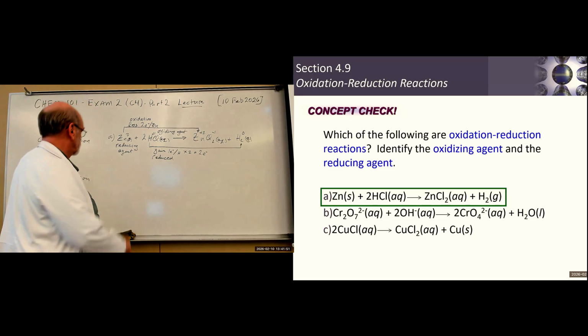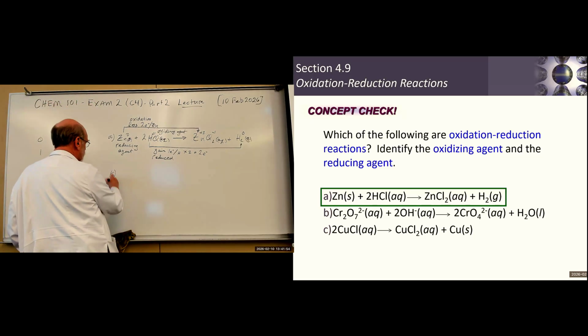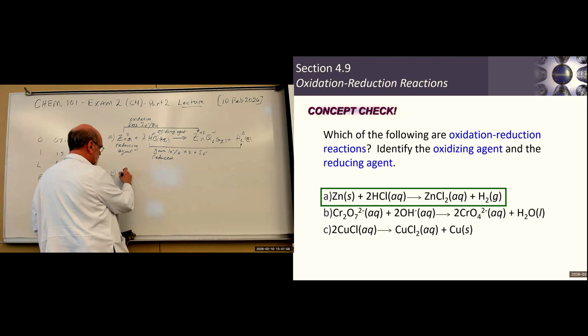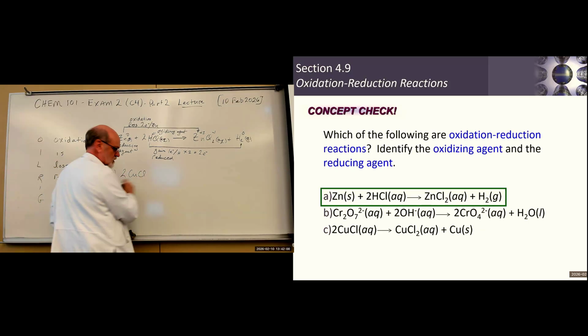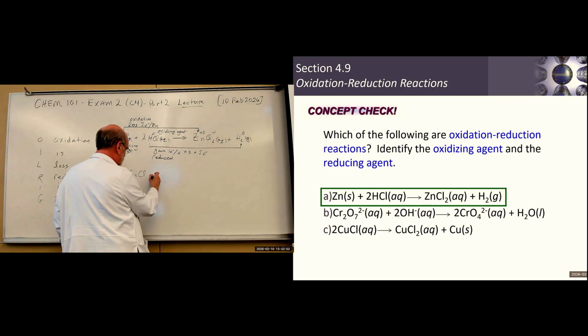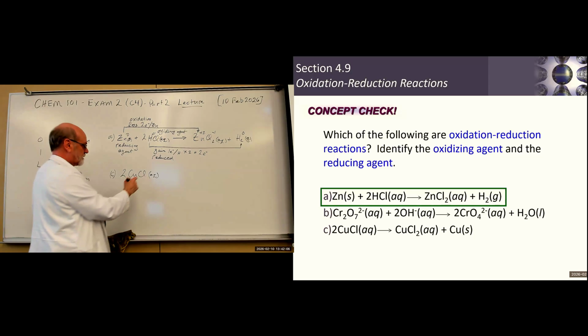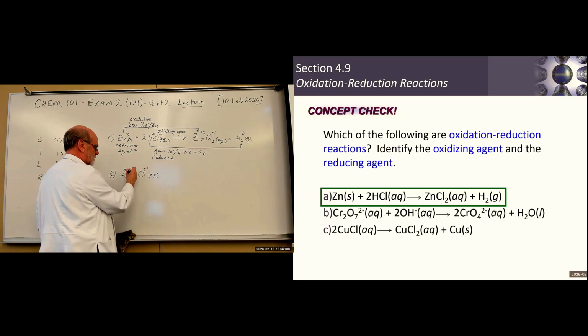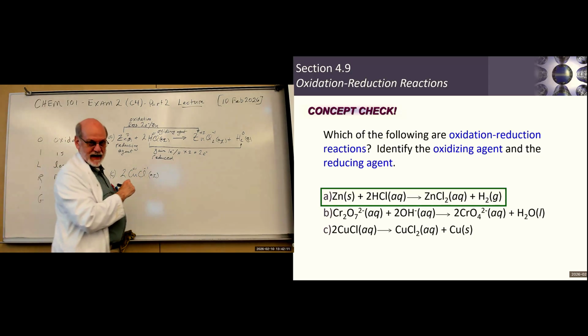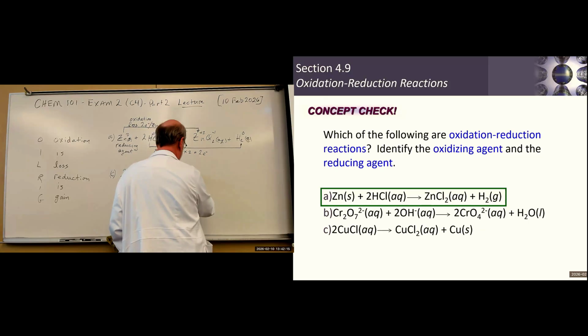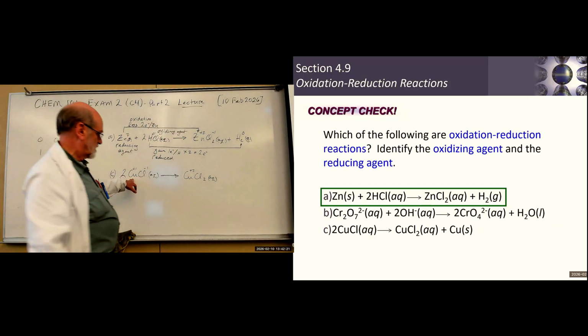But the last one, I want to show you this one. Is that a copper 1 or a copper 2 chloride? It's a copper 1 chloride. Minus 1, plus 1. And we're going to take that one and we're going to end up with this one. This is a plus 2. So we did get a change.